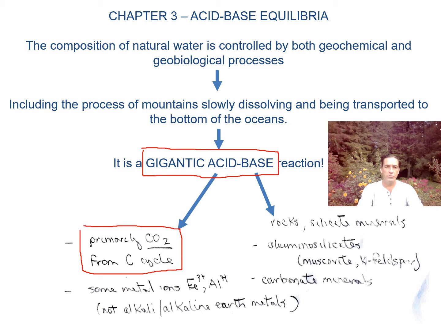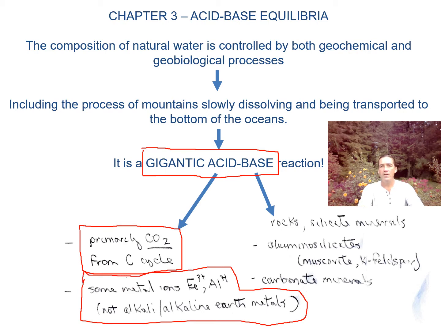When CO2 dissolves in water, in rainwater, it forms a slightly acidic solution containing carbonic acid. Other metals can also behave like acids. We'll talk about that later, but they can also affect the pH of water. The bases, well, the base is the continent. It is the rocks and the minerals.